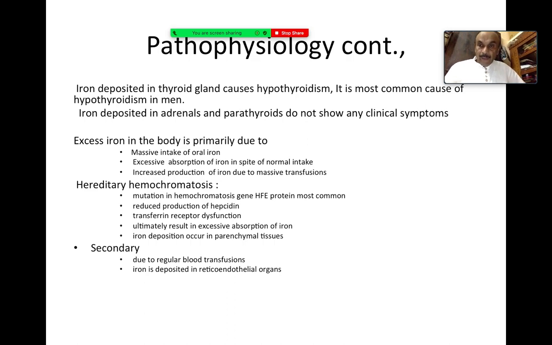Whereas in secondary hemochromatosis, this is due to massive blood transfusions. That again results in the iron overload, and in this condition, iron is deposited in reticuloendothelial organs.